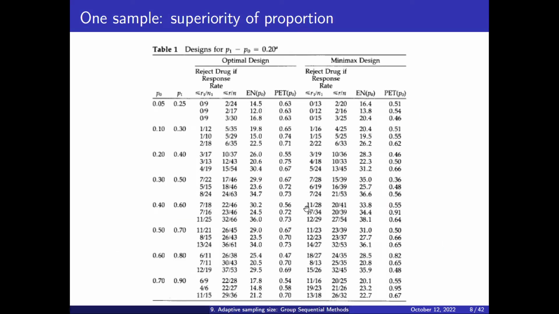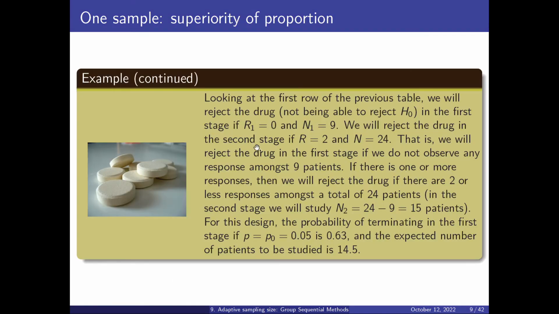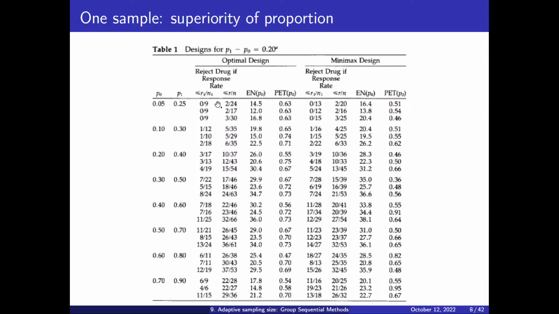In this table, for instance, our experiment had P0 5%, P1 25%. Depending on what P0 and P1 are, you go to a different entry. So our experiment was the first row, and we have R1, N1, R, N, and so on.